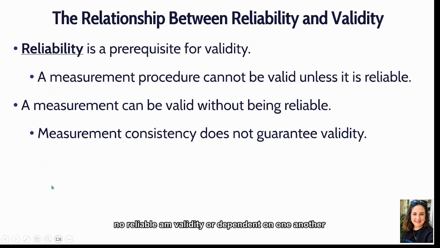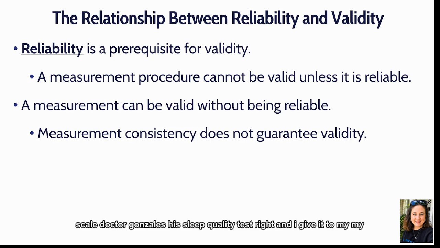Now, reliability and validity are dependent on one another. I have to have reliability in order to have validity. Okay? I cannot have a measure that claims to be valid if it's not reliable. So in other words, if I develop my wonderful new sleep quality scale, Dr. Gonzalez's sleep quality test, right?